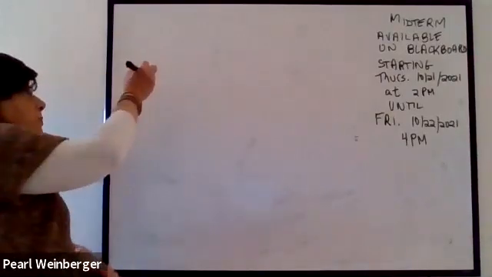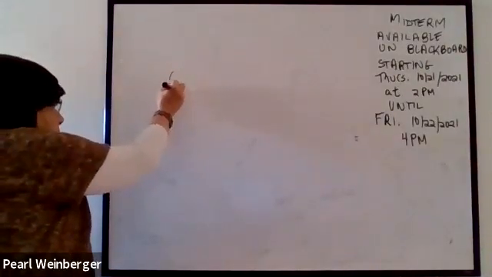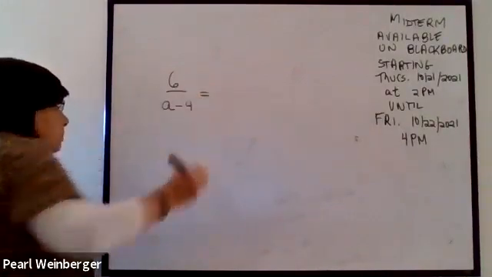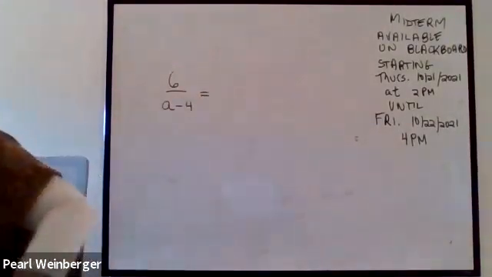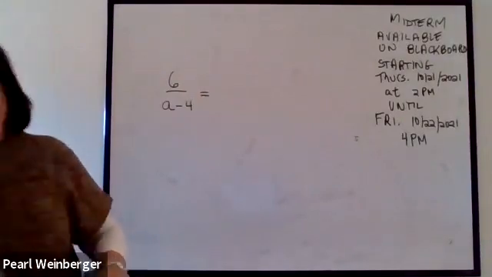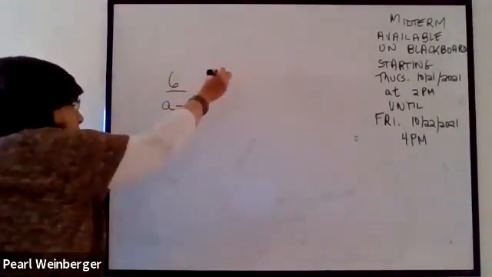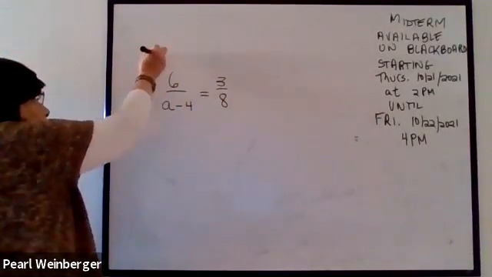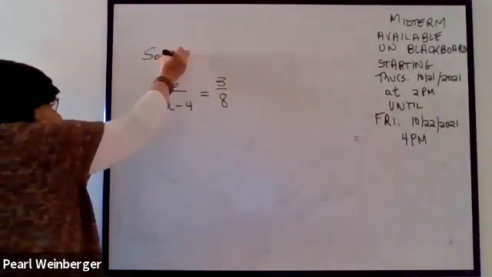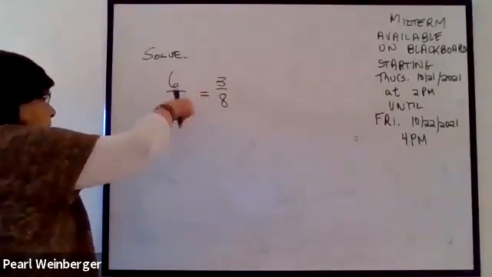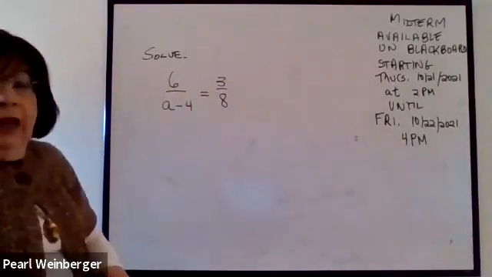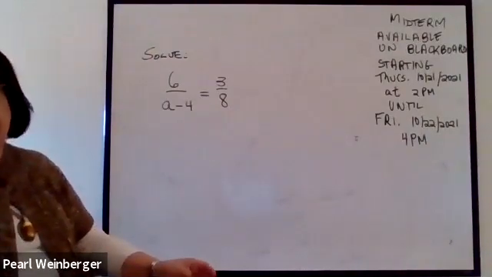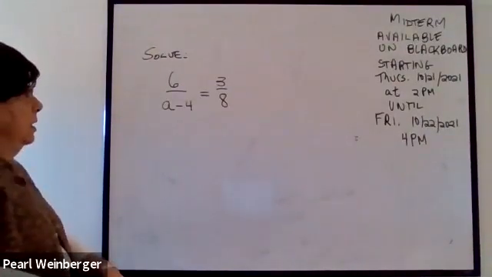Suppose I gave you something that looks like this: 6 over a minus 4 equals 3 over 8. We want to solve this equation. It's an equation, I can see it because it has an equal sign, and we want to find the value of a that will make this a true statement.